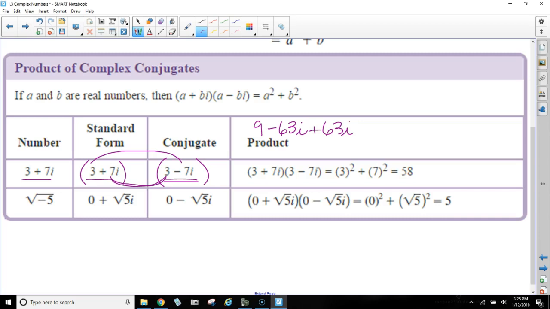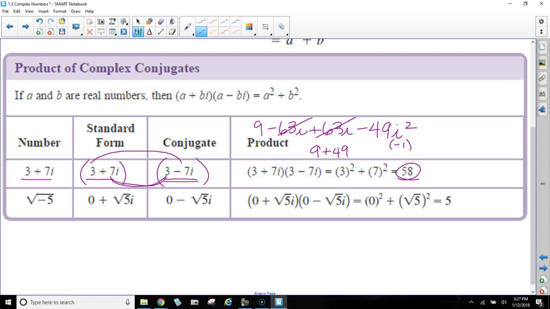And last times last is minus 49i squared. So the beauty of multiplying a complex number times its conjugate is these I parts fall out, leaving us with 9 plus 49, 58. You can see the other example there.